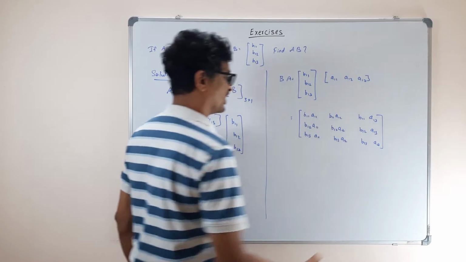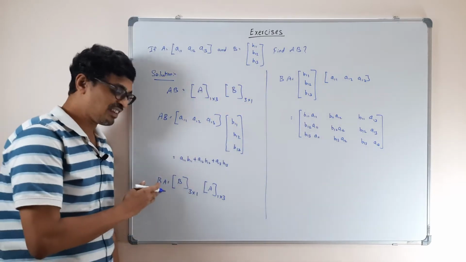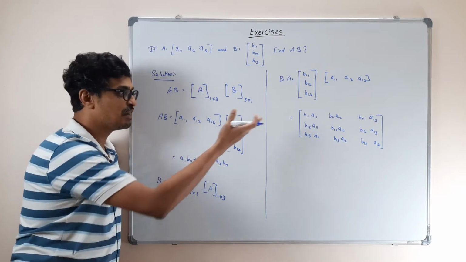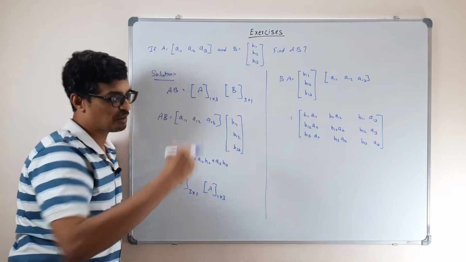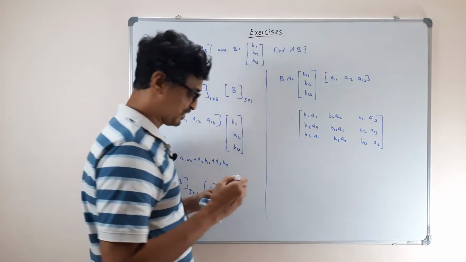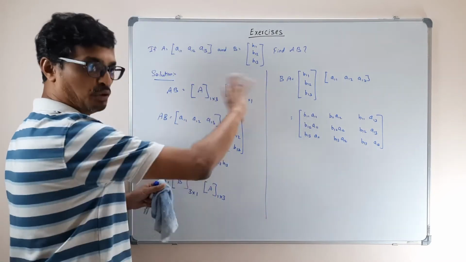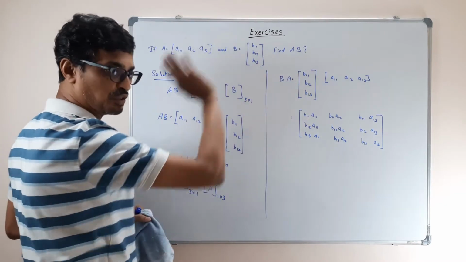Can you see the difference? A cross B will just give you one number. The same thing when you do B cross A, it will give a square matrix. This is not asked, but this is the thing you should know. If they give B cross A, you should know how to get it.